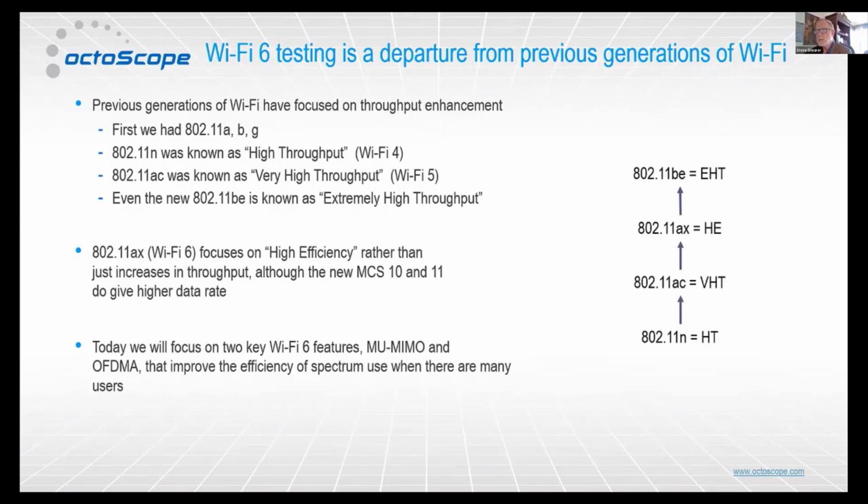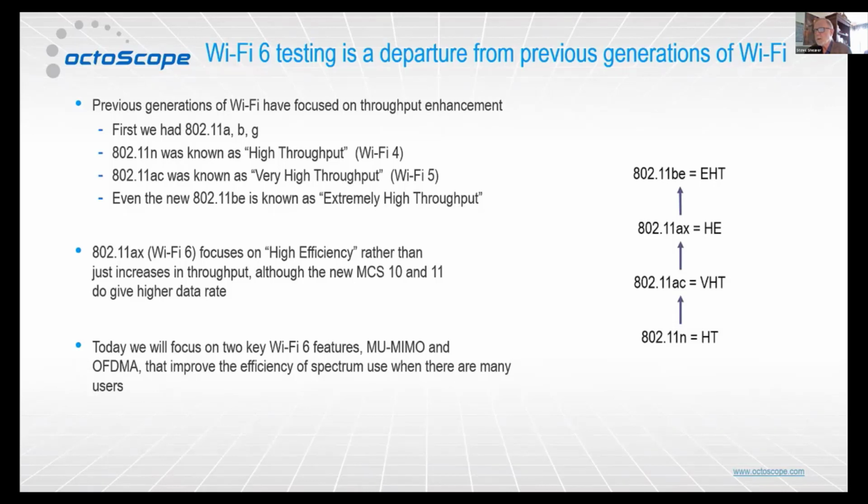11ax is different in a sense, insofar as it focuses on high efficiency for a network, not just increases in throughput. This is important for dense environments like airports and sports stadiums and these kinds of things.